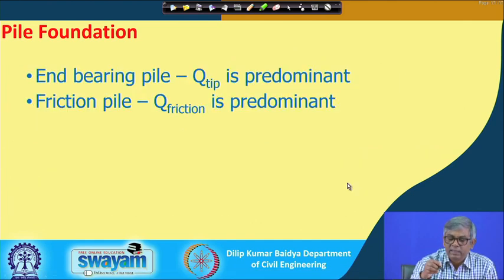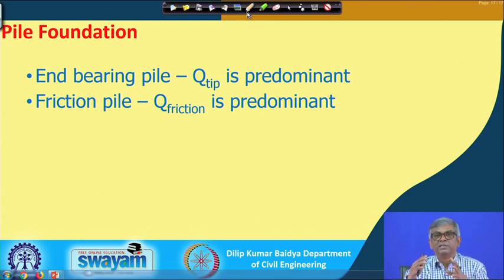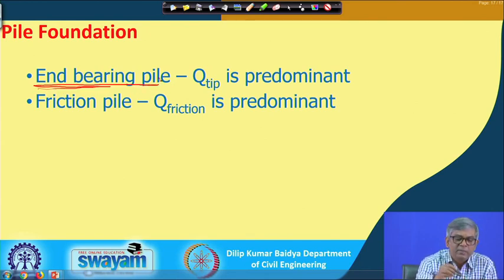You can see here we have discussed in general that a pile will have resistance from the surrounding surface and at the base, and we have also classified different types of piles: end bearing pile, friction pile and a general type of pile. In the end bearing pile, Q tip will be predominant.